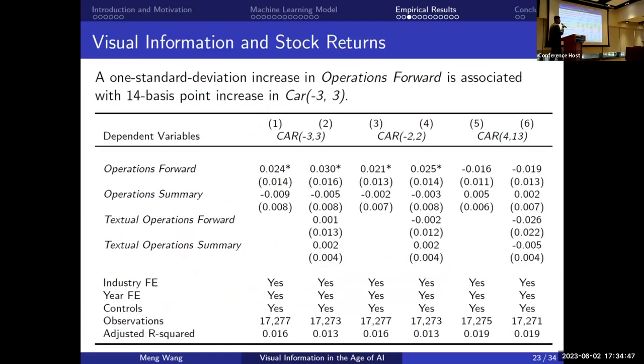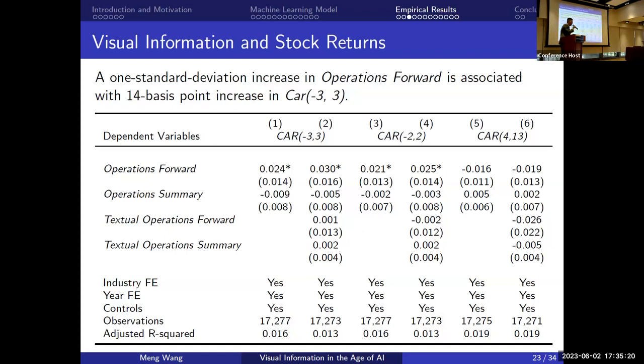Here are our results. We use cumulative abnormal return in different windows as dependent variables. First, we can see from this table that operations forward is positively and significantly associated with the cumulative abnormal return, but we don't see such a relation between operations summary and the short-run cumulative abnormal return.